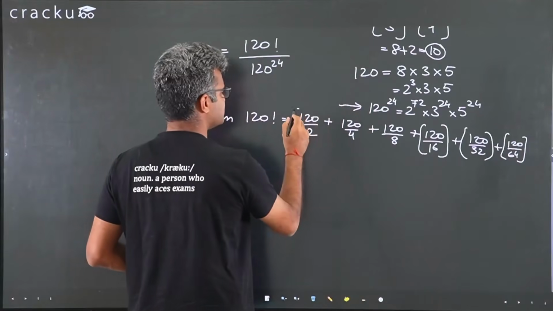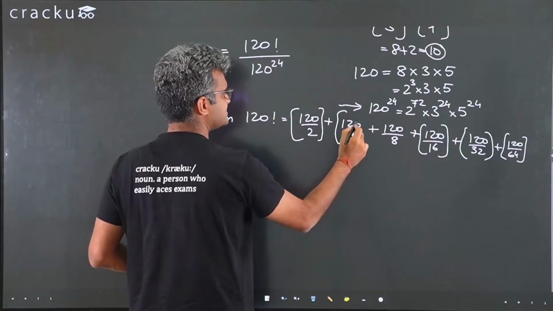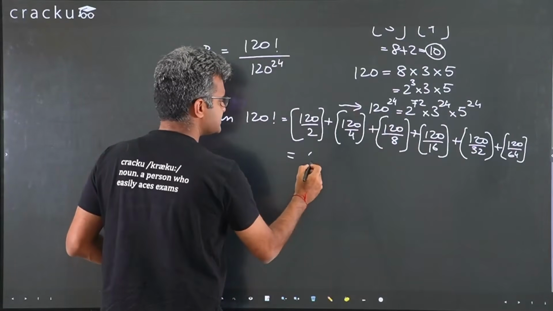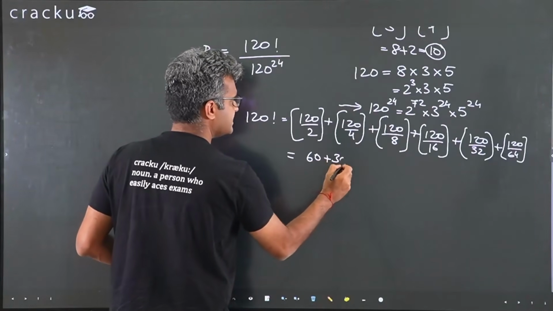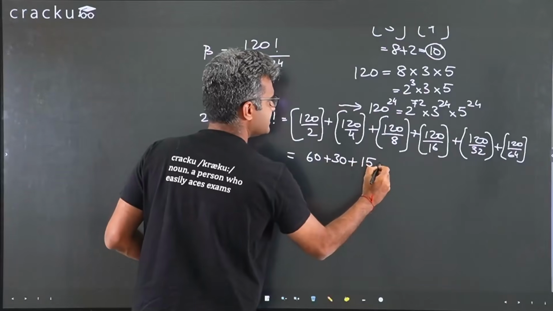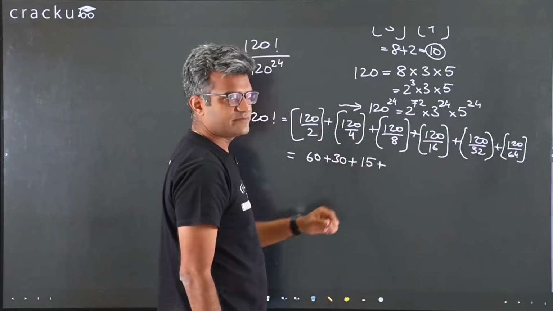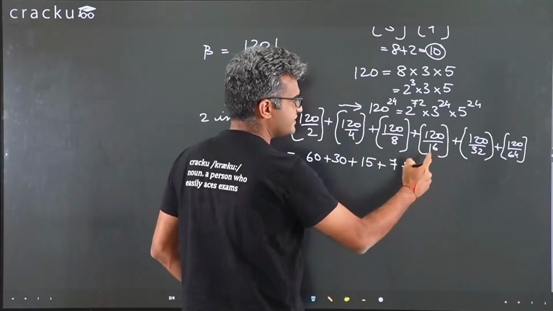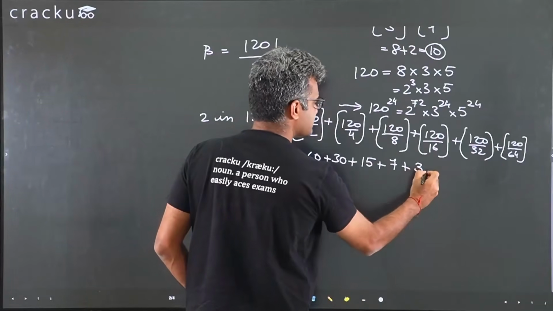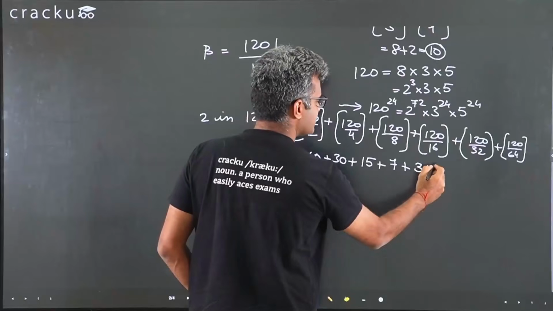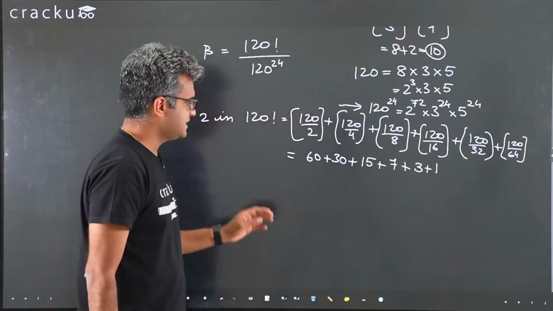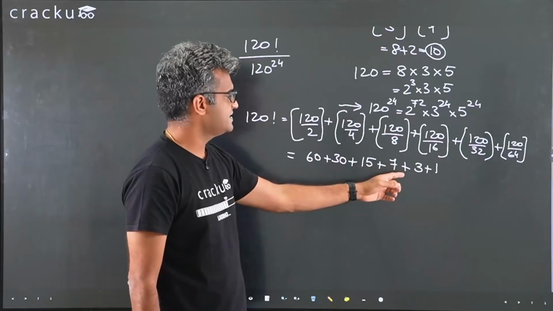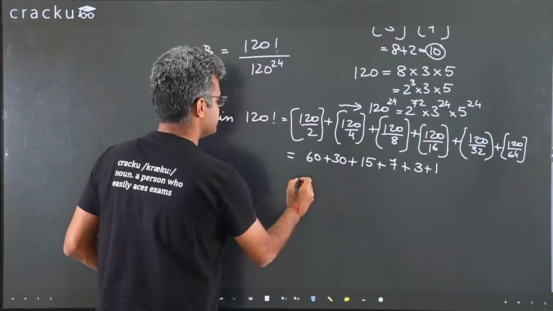We have to take the integer parts for all of them, but I know that they are integers, so I didn't write it. This is equal to 60 plus 30 plus 15 plus 120 divided by 16 is 7 point something, so the integer part is 7, plus 120 divided by 32 is 3 point something, plus 120 divided by 64 is 1 point something. This, if you are adding, is 90 plus 10 is 100 plus 16 is 116.